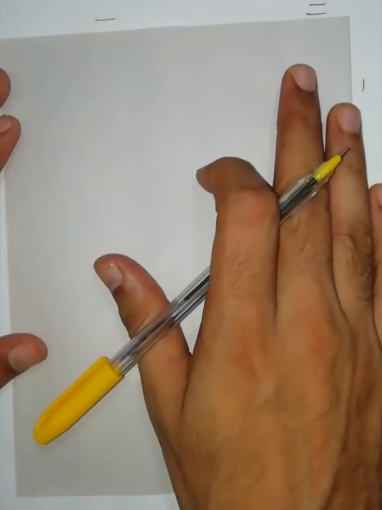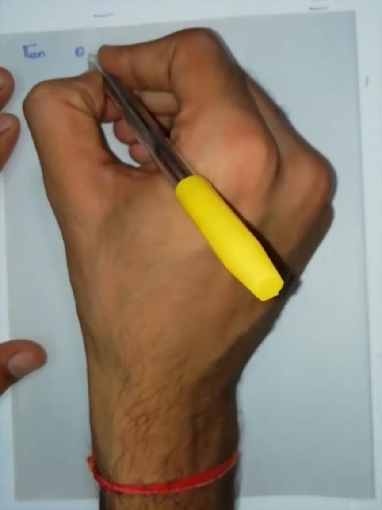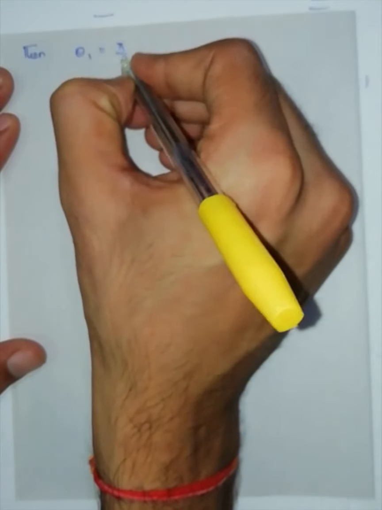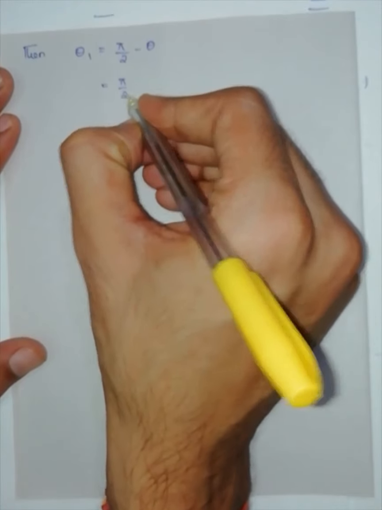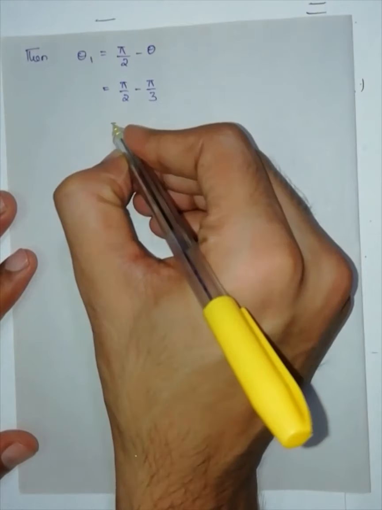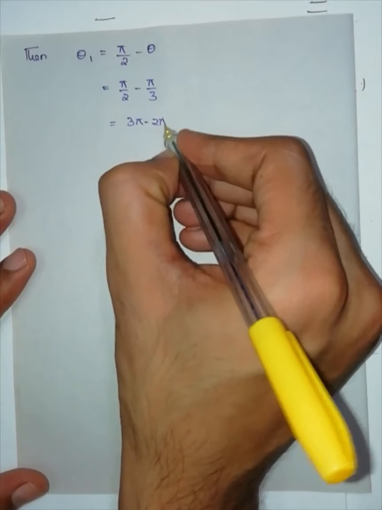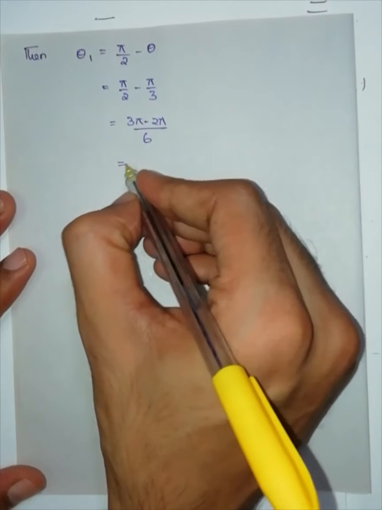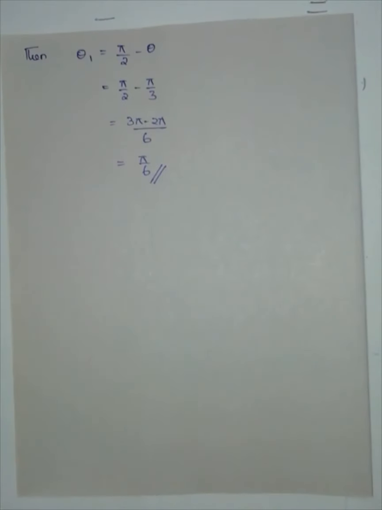Then theta 1 is equal to 90 degrees minus theta. This implies pi by 2 minus the theta value we got, pi by 3, which is equal to 3 pi minus 2 pi by 6, which is equal to pi by 6. Pi by 6 is the answer.